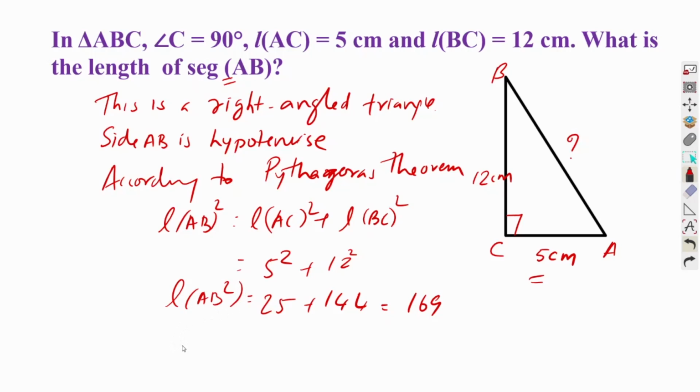We need to get the square root of it to get length of AB, which will be equal to the square root of 169, which is equal to 13. 13 into 13 is 169. That many centimeters because it is given in centimeters. So understood, my dear student, this way we solve the problem.